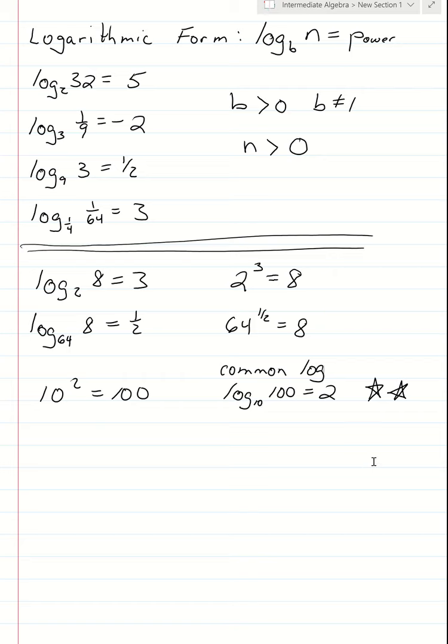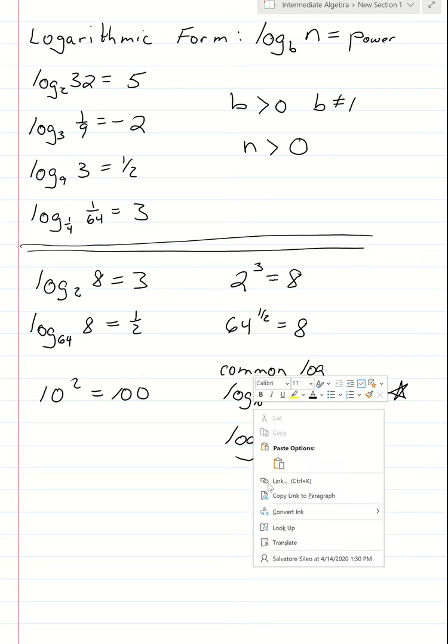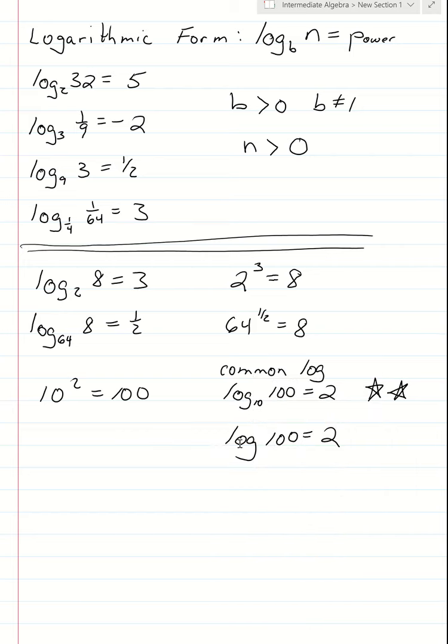And you'll notice on your scientific calculators, most of them have a log key. If you were to type in log 100, you would get the correct answer of 2, because your calculator is already pre-programmed for log base 10. You might want to try that on your scientific calculator.